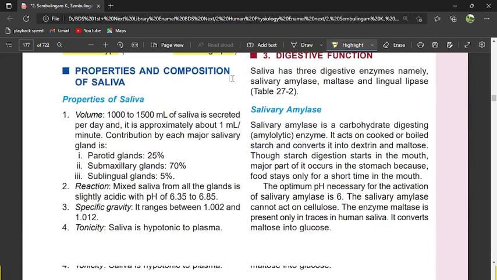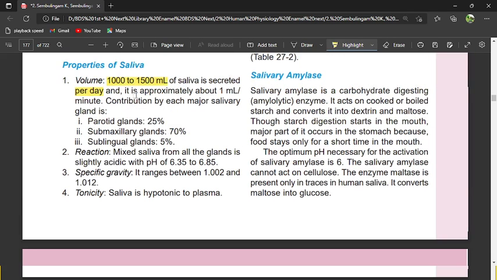The properties and composition of saliva. So what is the property? Every day 1000 to 1500 ml, that is 1 liter of saliva is secreted per day. तो एक दिन में इतना सलाइवा एक इंसान को सेक्रेट हो रहा है. It is almost 1 ml per minute also. So in 1 minute how much you are getting? 1 ml you are getting. Contribution by each of this.